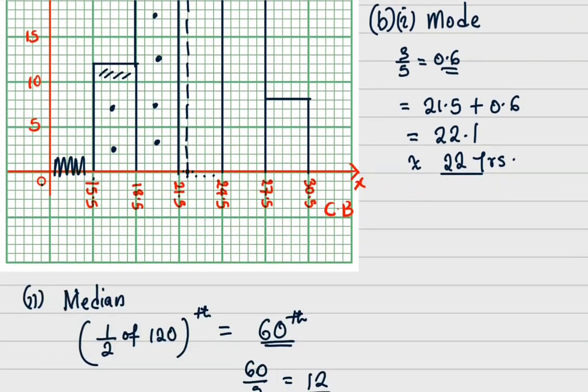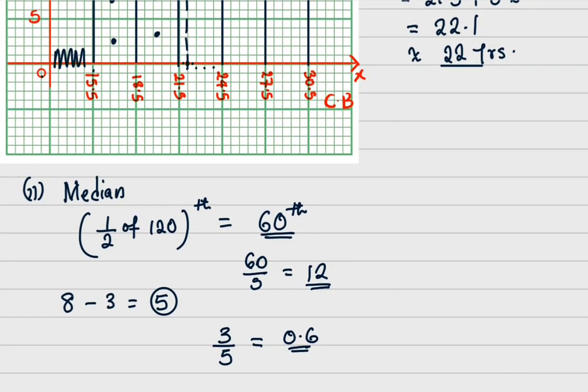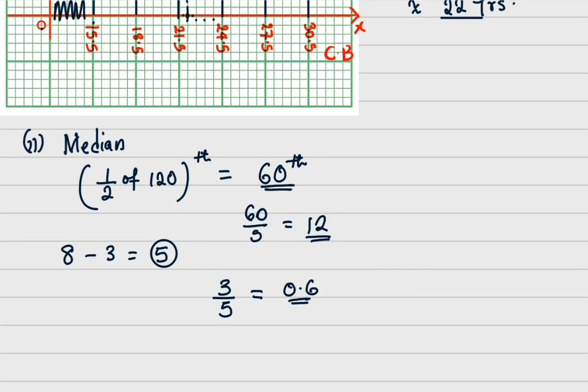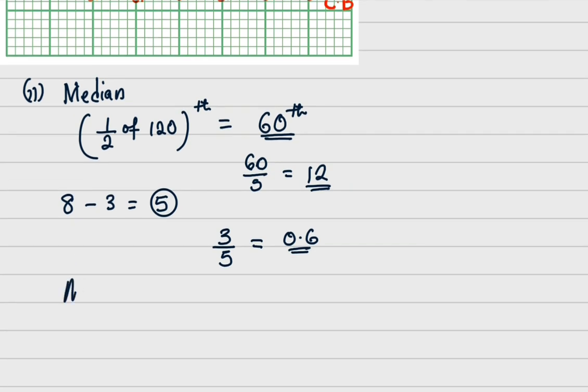Now, to get the median in number, I have 21.5 plus 0.6. So the median will be 21.5 plus the 0.6 line that we have there, which will also give me 22.1.